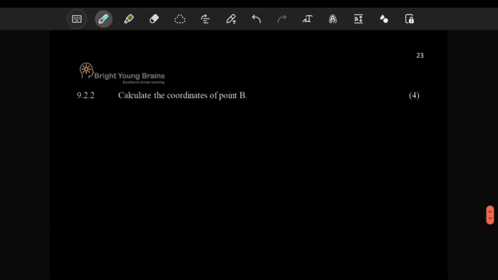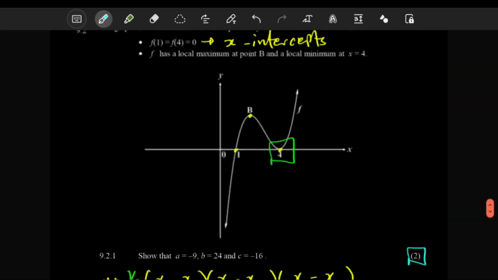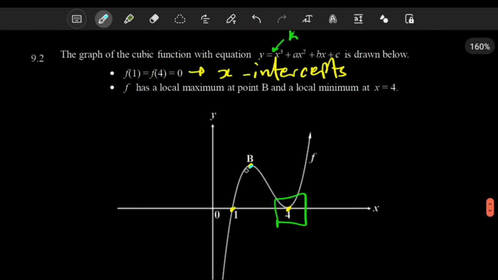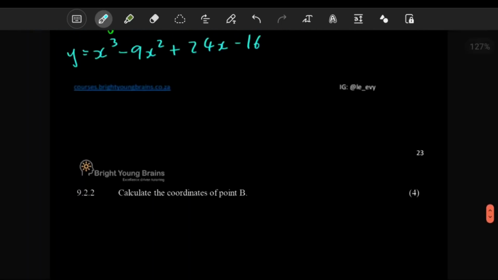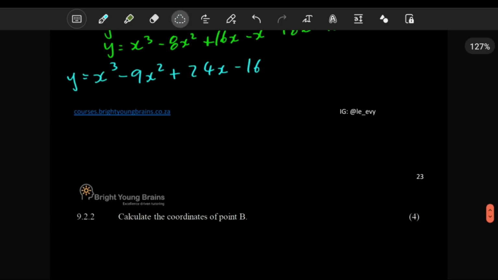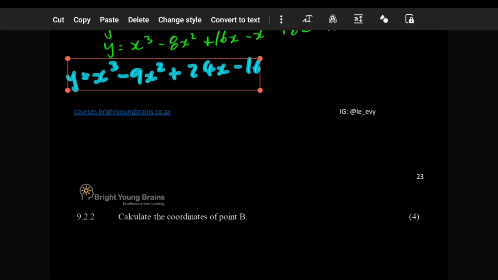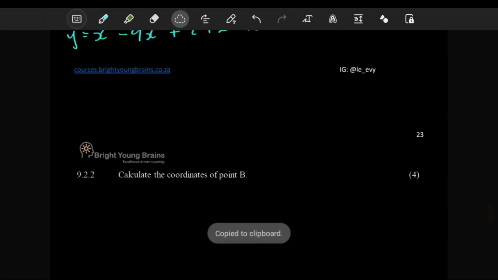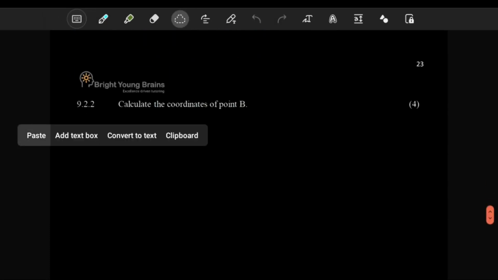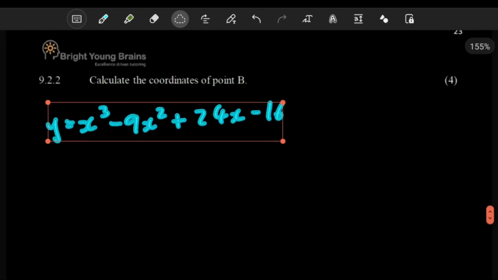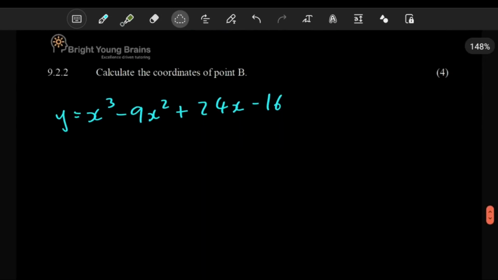Moving on. For 4 marks now, they want us to get B. B is the turning point. And we all know that when you get turning points, you just differentiate and equate to 0. That's a no-brainer, you know. Because it's the important 3 mark stuff. So getting the turning points, you always get the first derivative and you equate it to 0.